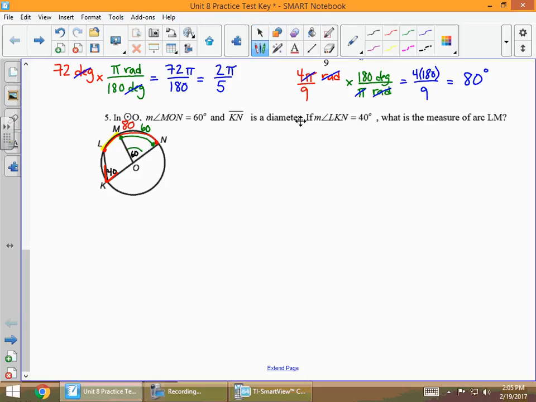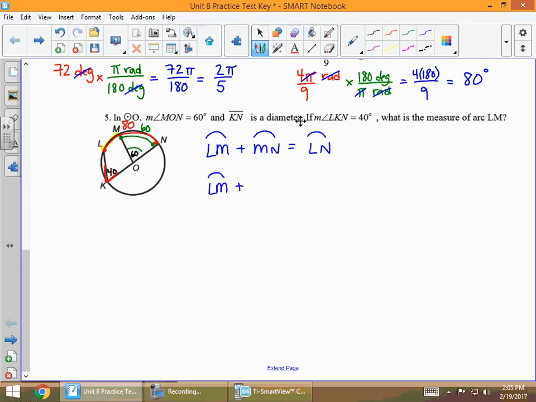So arc LM plus arc MN has to equal arc LN. Kind of like the angle addition or segment addition postulate, it is the arc addition. Well, arc LM, I don't know.